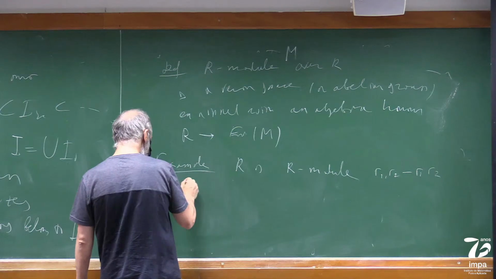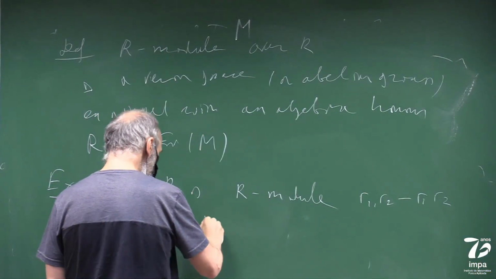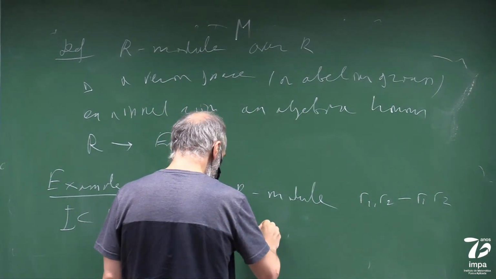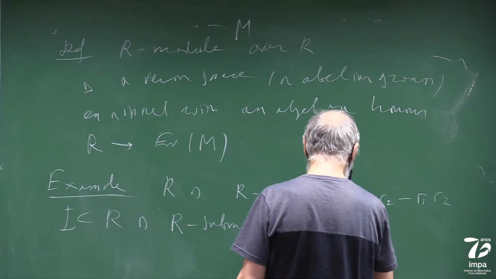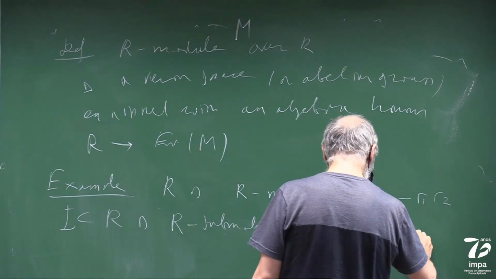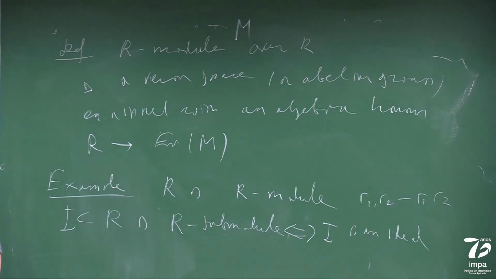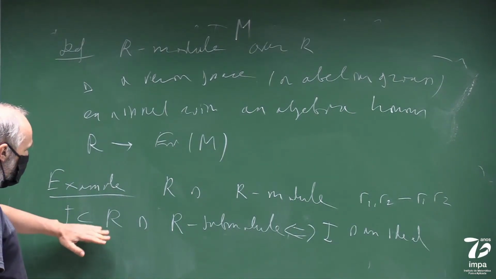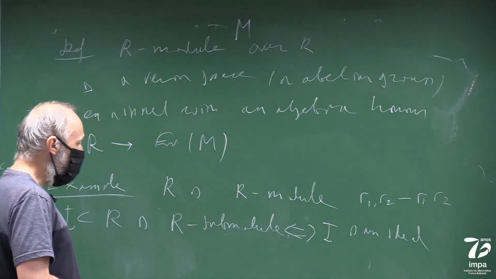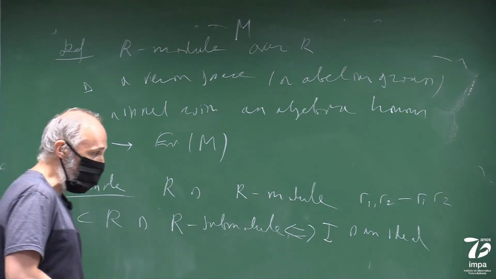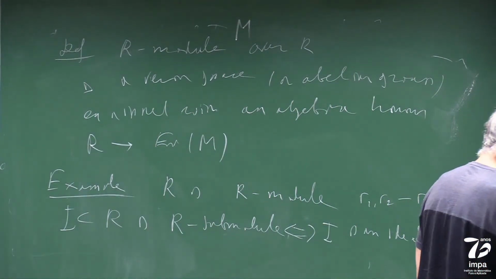Now a subset I of R is an R-submodule if and only if I is an ideal. This is because if you want I to be an ideal, you want to be able to multiply I by elements in R, and this is precisely the same as for submodules. Submodules are things which are closed under multiplication by R.